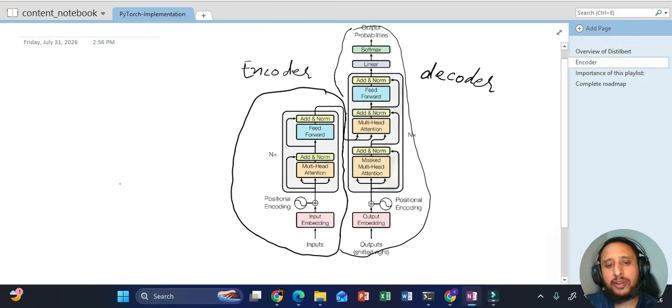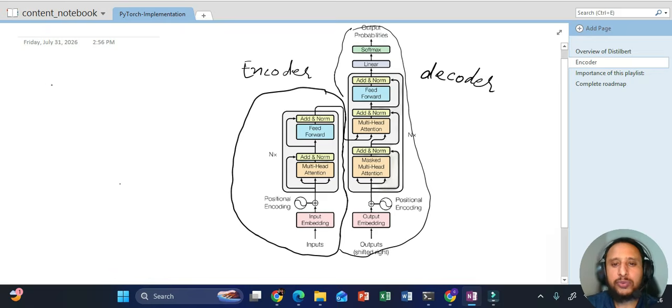This transformers architecture was published by Google back in 2017 or 2018 around. So this architecture was published in a research paper, Attention is All You Need.